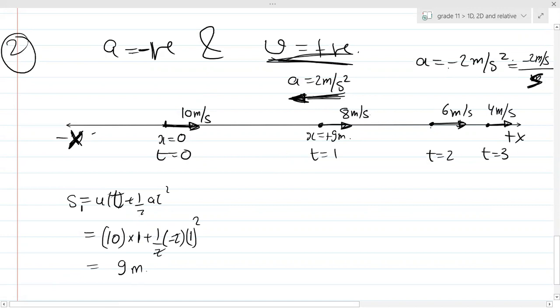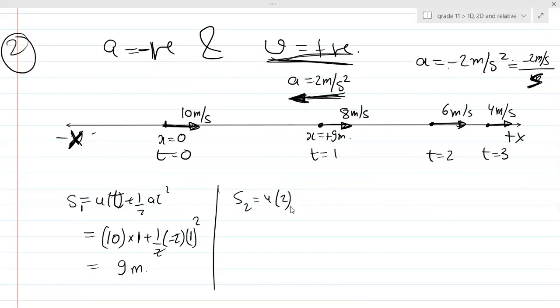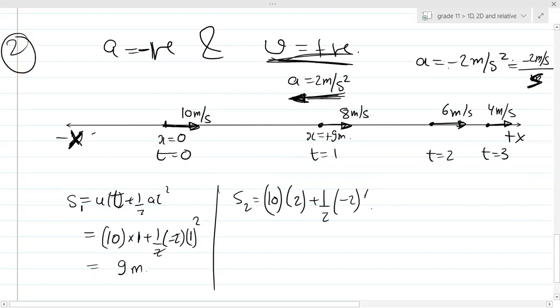Okay. In the second second, where will it be? S2 will be equal to u into t plus half a t square. So I'll write directly 10 into 2 plus half into minus 2 into 2 square. So this will be 20 minus how much? 20 minus 4. This will be 16 meters, right?